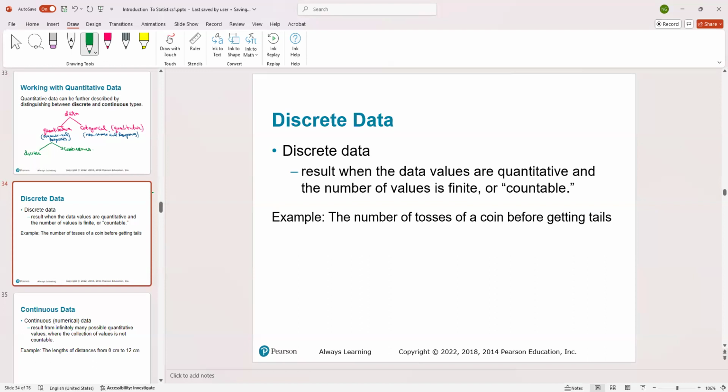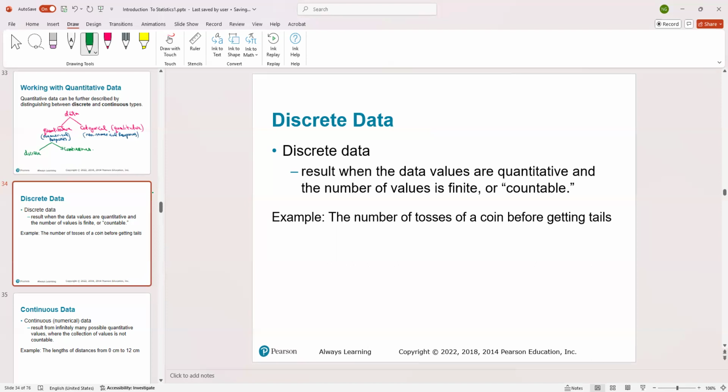Now, look, for discrete data, there is no chance that the data can be decimal. For example, any data you take, you expect the answer to be a whole number. How many people were in the airplane? Well, 355. There is no way it can be 355.5. How many yellow M&Ms in the bag? That's discrete.